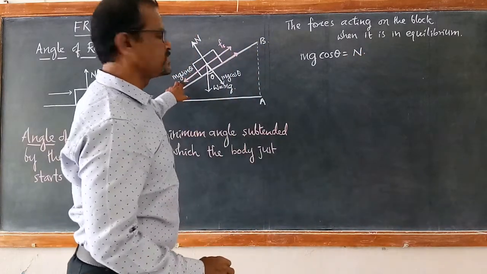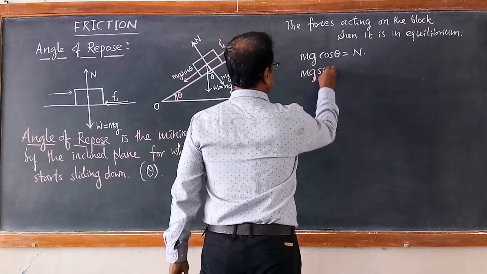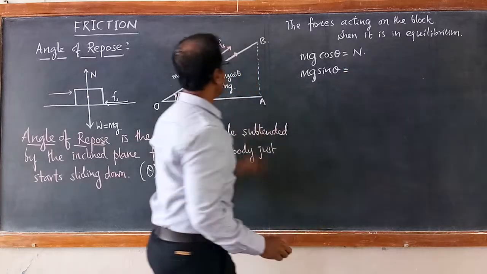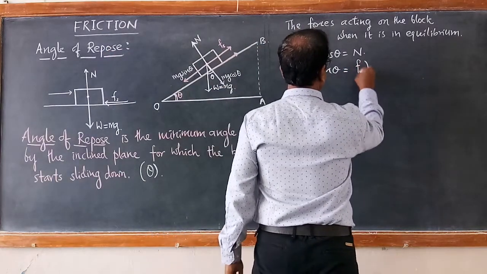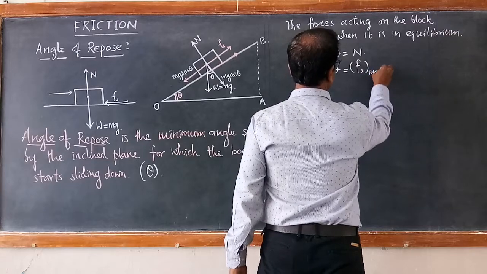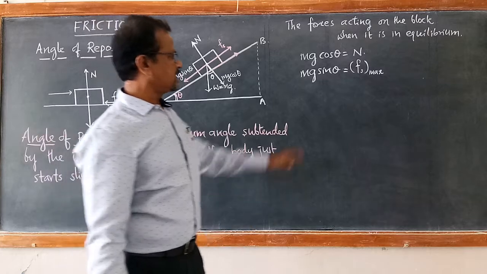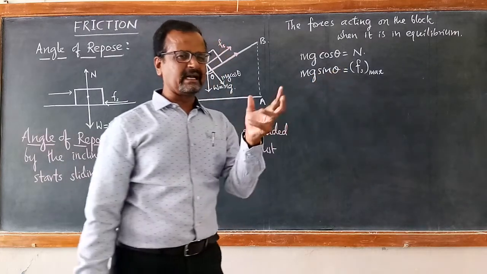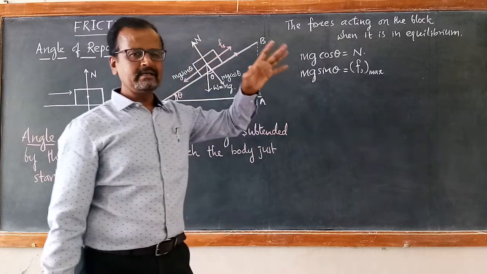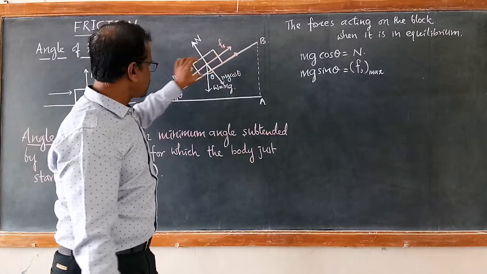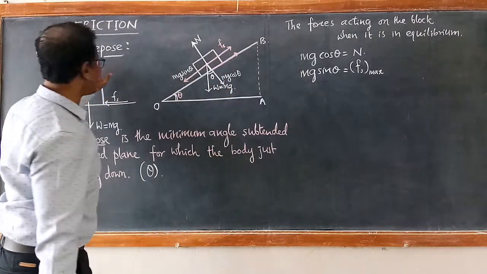Second, mg sin theta must be balanced by Fs max, so that I can find the value of this theta, the angle of repose. When this angle is a little greater than this minimum angle theta, the block starts sliding. So the question is to find this angle of repose.